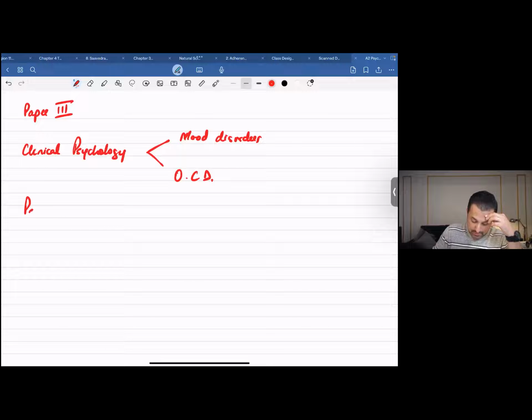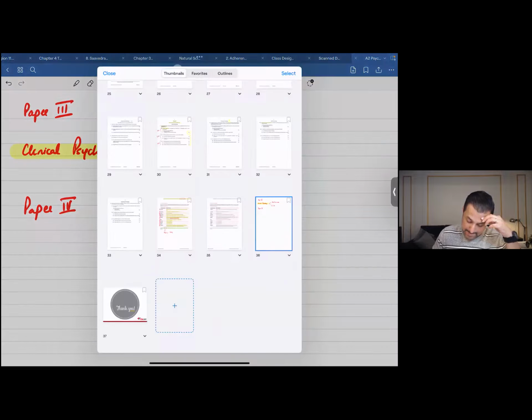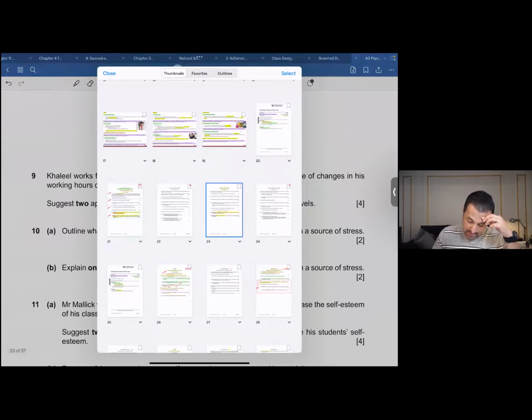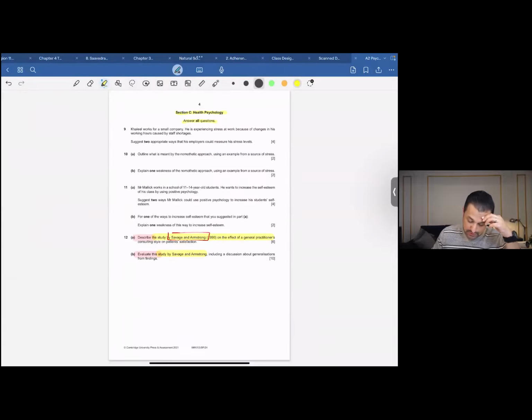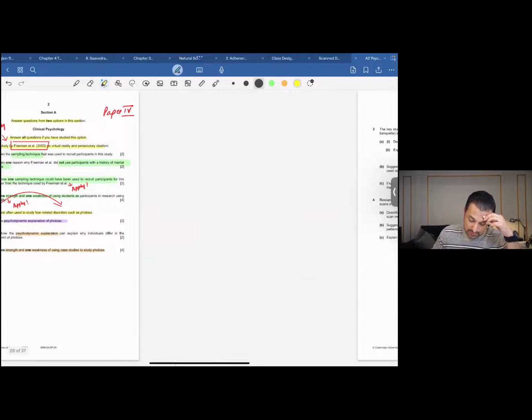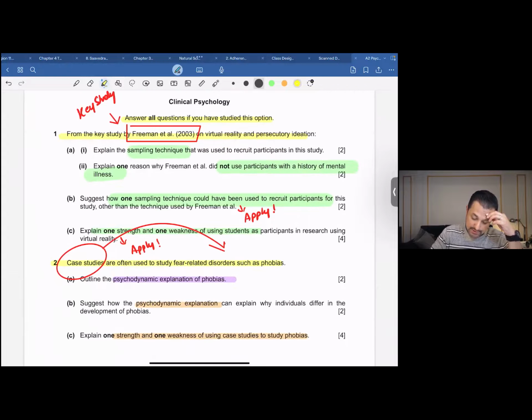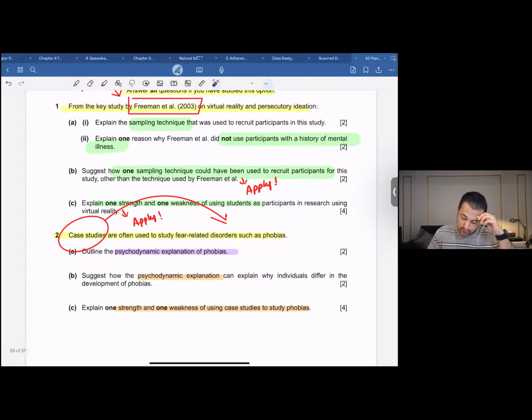Moving on to paper 4 for clinical psychology again. If you have a look at this, we have a question from the unit schizophrenia, and question number 2 is on phobias.